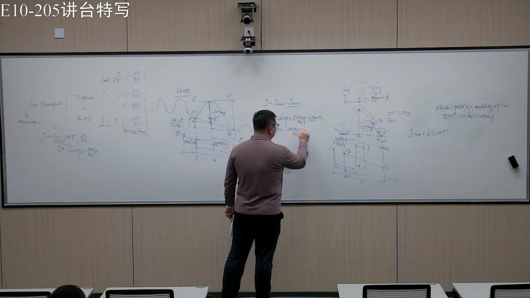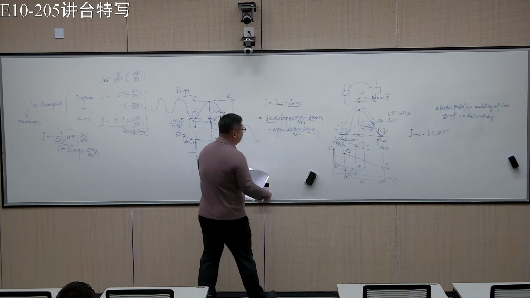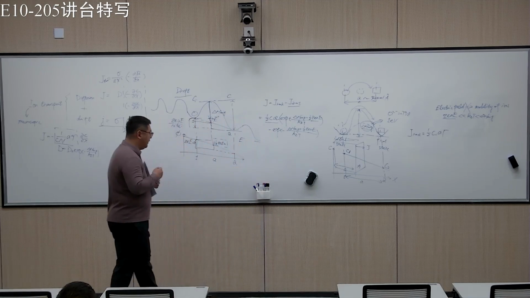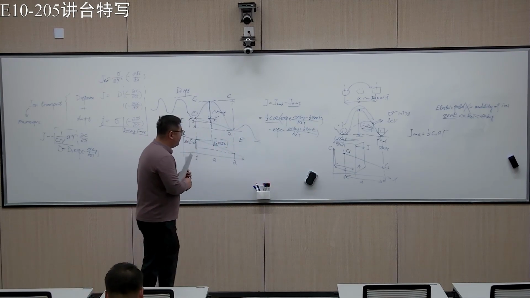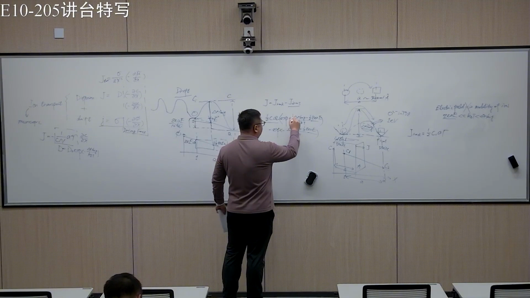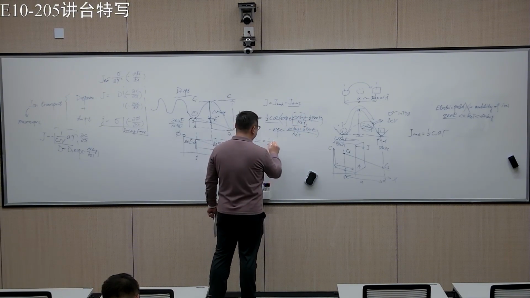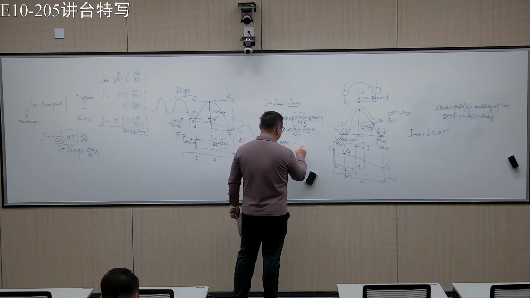Now it's plus, because from 2 to 1, the migration barrier is higher than delta H. So we can take this part out. Let's say it's 1/2 C A mu exponential minus delta H migration over kBT.